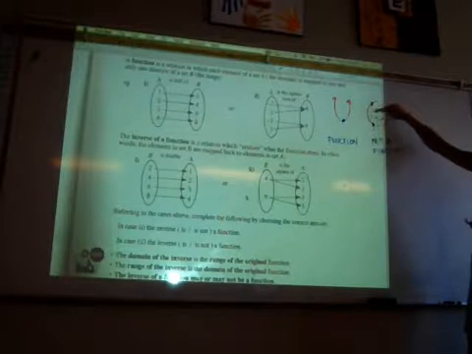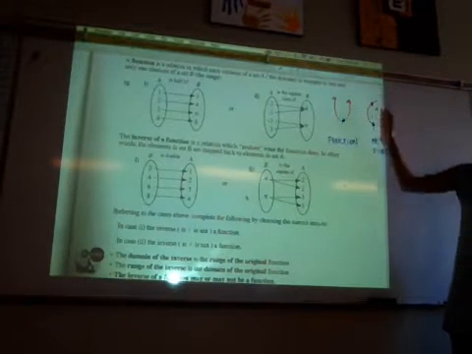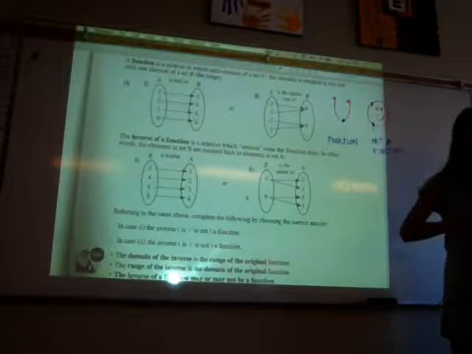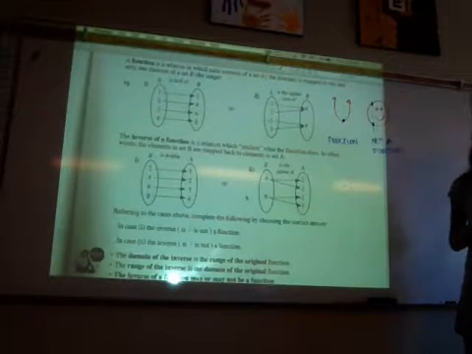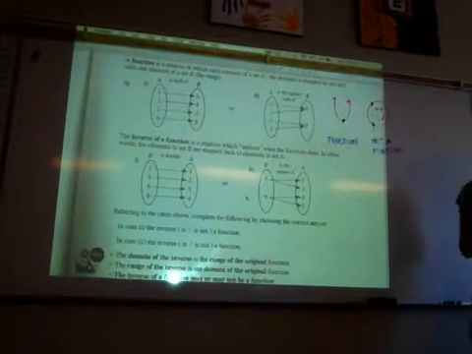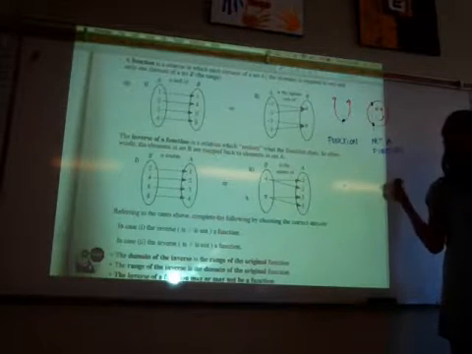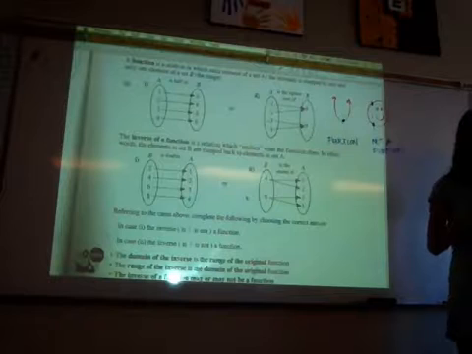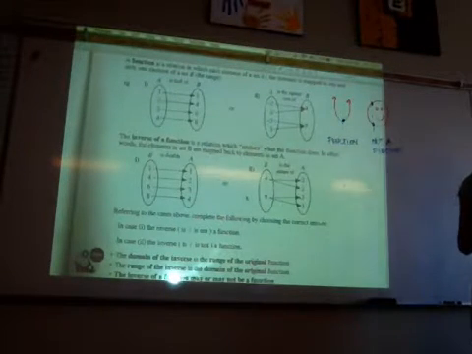Okay, so see how the x value would repeat? It's in the same line. Essentially, anytime x repeats, it's not a function. Okay, you can have only one output for every input. Output is your y value, input is your x value.